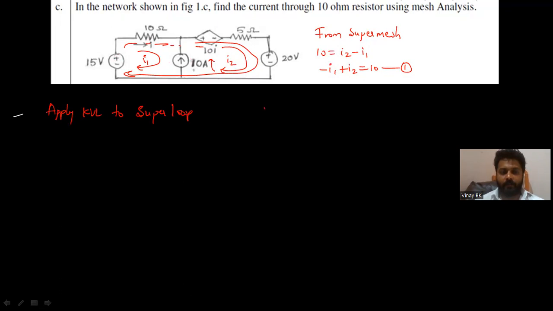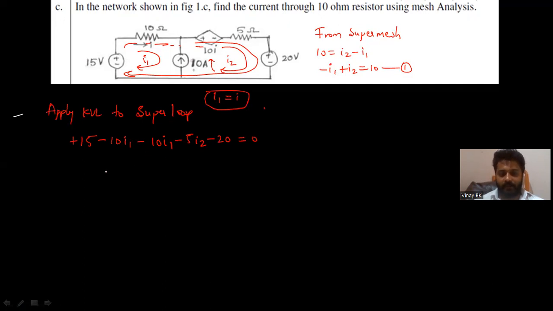You can see here plus 15 and minus 10 into I1, whereas I1 equals I, as given in the problem. Similarly, minus 10 I, I is nothing but I1, I'll write as minus 10 I1, minus 5 into I2 flowing, minus 20 equals 0.